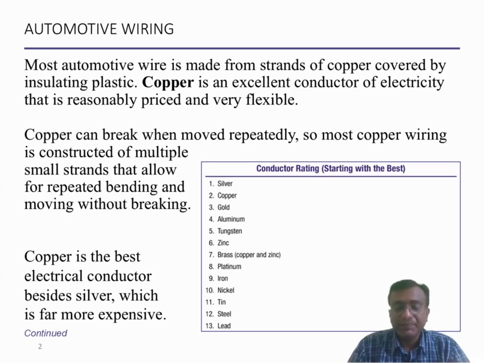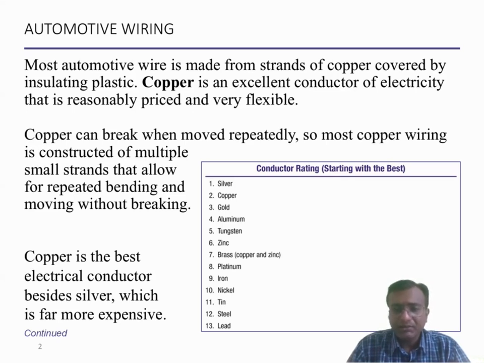Another important point: these copper wires are insulated with an insulating material, which can be plastic. The conductor, that is copper, allows electricity to pass through it, and due to the small strands, it is flexible and also affordable.